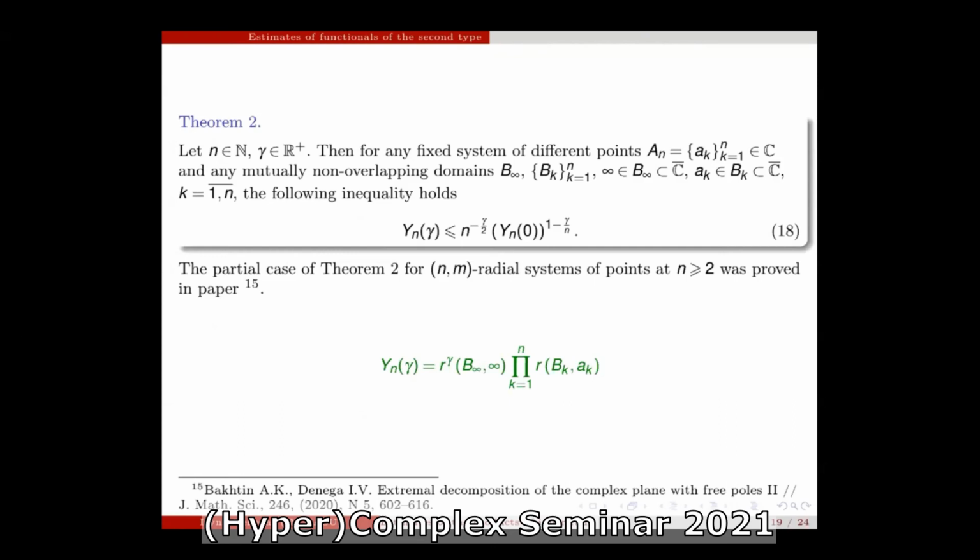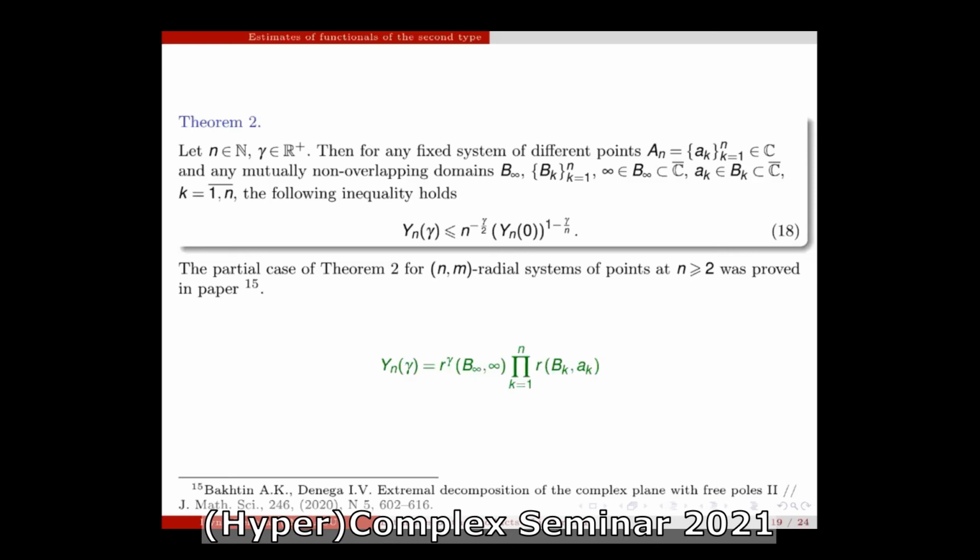For any fixed system of different points and any mutually non-overlapping domains, the following inequality holds: Y_n of gamma is less than or equal to n^(-gamma/2) Y_n of 0 to the power (1 minus gamma over n).